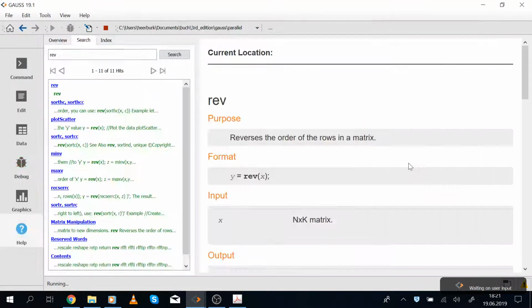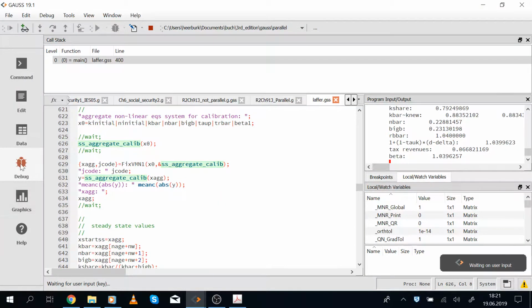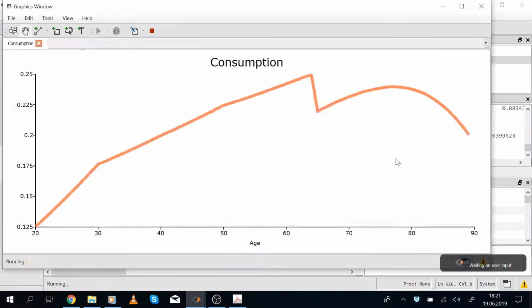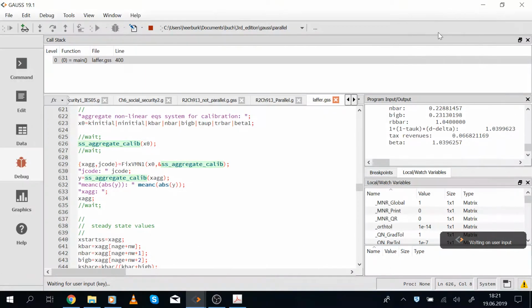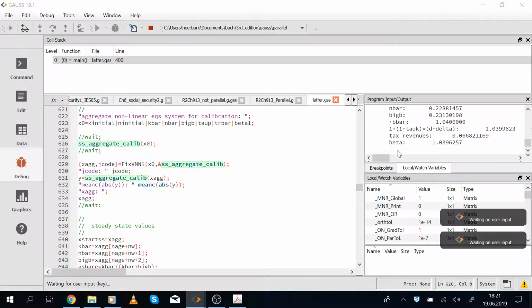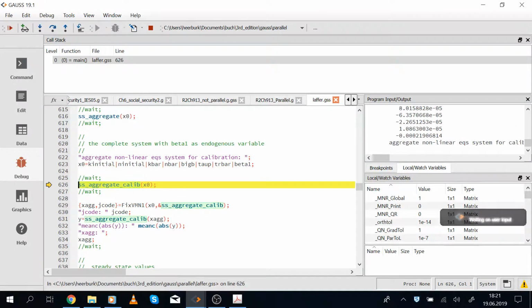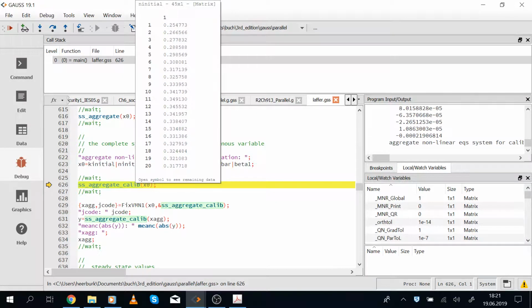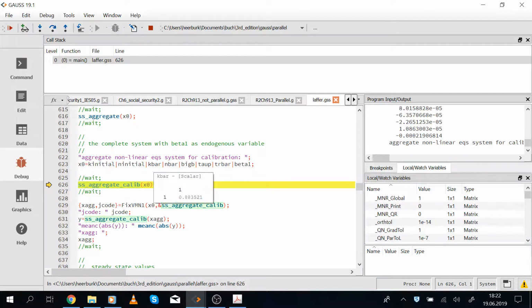The individual policy function with respect to labor supply, so for example the 20-year-old here supplies labor of 0.25. Aggregate capital stock, which we take from the model with endogenous labor supply.